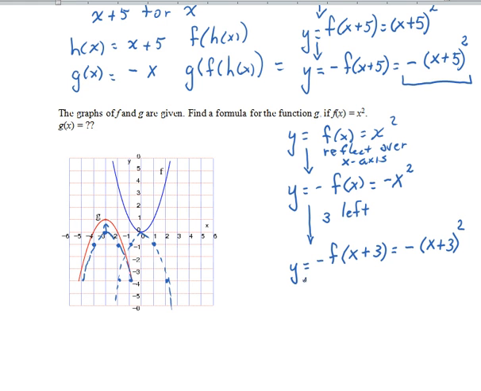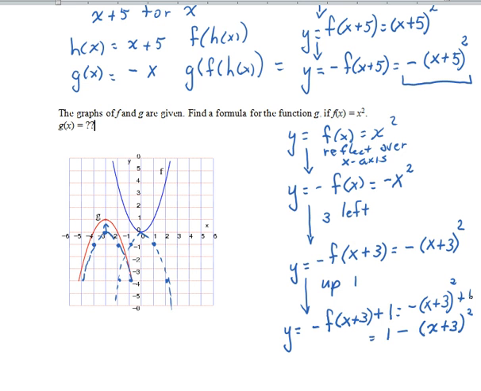We're now going to move it up 1, which means we're going to add 1 to the opposite of f of x plus 3, which will give us -x plus 3 squared plus 1, or 1 minus the quantity x plus 3 squared. Either of those last two would be correct.